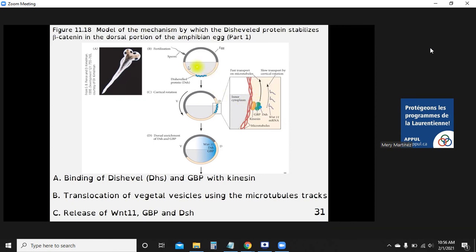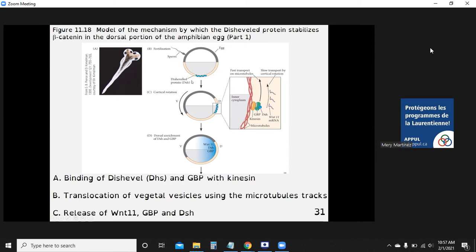They are mainly in the vegetal pole of the unfertilized egg. WNT11, which is the one that we see in here, is also in the vesicles at the vegetal portion of the egg. Okay, so all of this is together. It is not like they are dispersed everywhere. They are all located here in the vegetal pole.